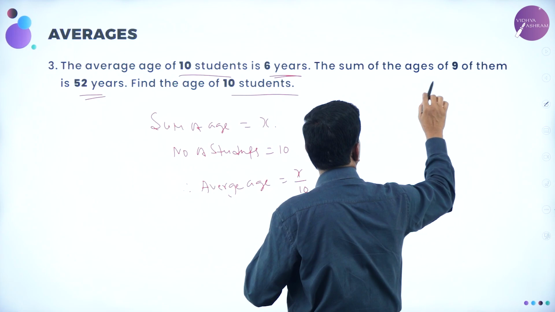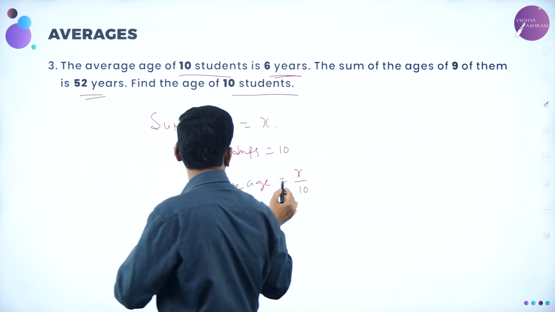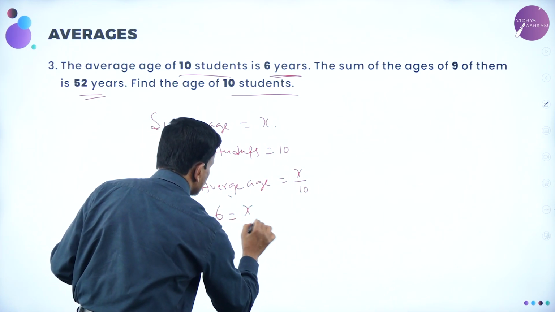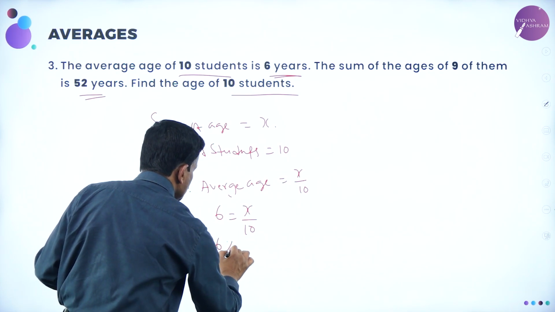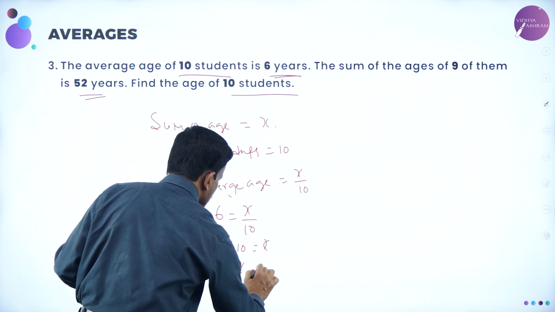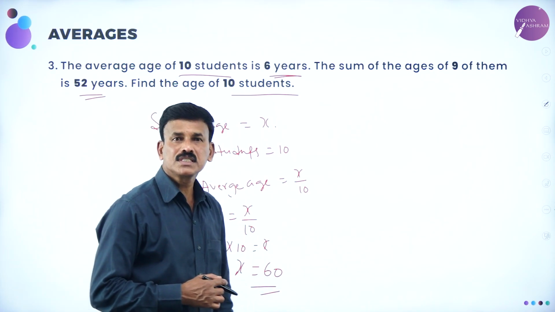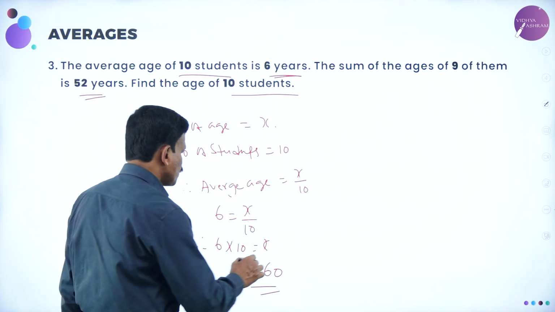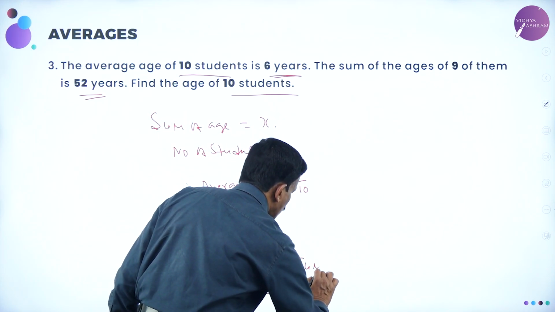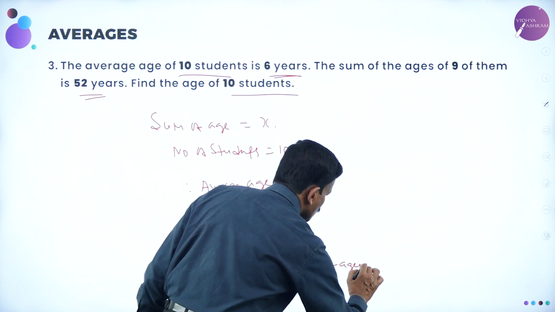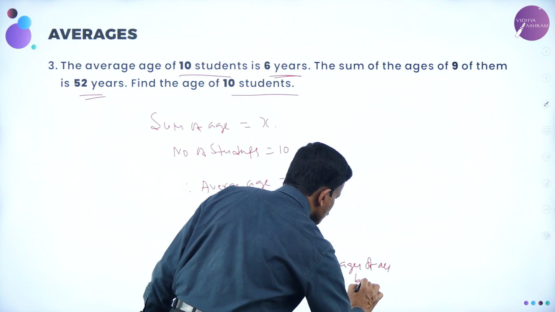So 6 is equal to x by 10, therefore 6 into 10 is equal to x, which is 60. So 60 is the sum of ages of all boys.